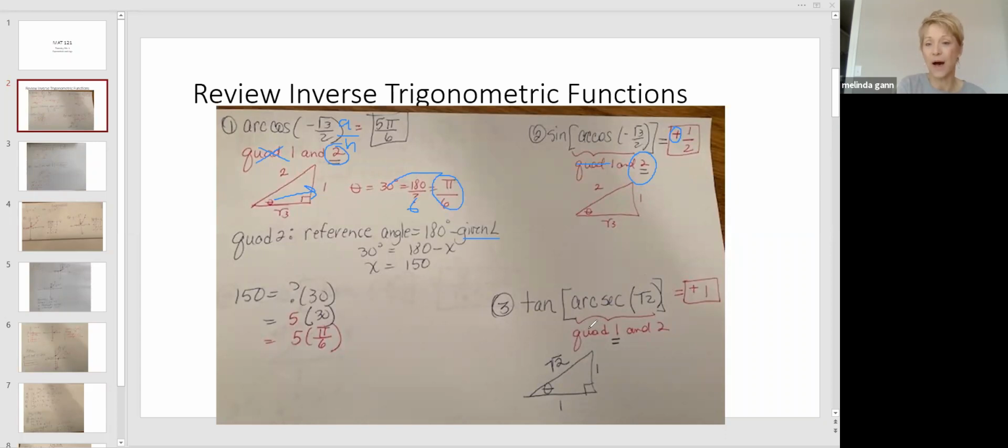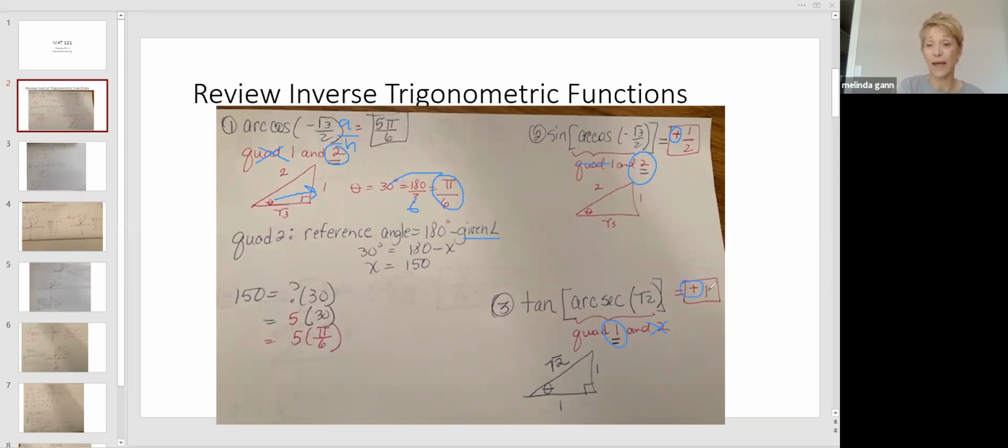So where is secant positive, in quadrant 1 or in quadrant 2? Well, secant's positive in quadrant 1, so that's how I know that the answer to this bracket is an angle in quadrant 1. So then I decide, what's the tangent of any angle in quadrant 1? Is it positive or negative? Well, tangent in quadrant 1 is positive, so that's how I knew to put a plus right there.